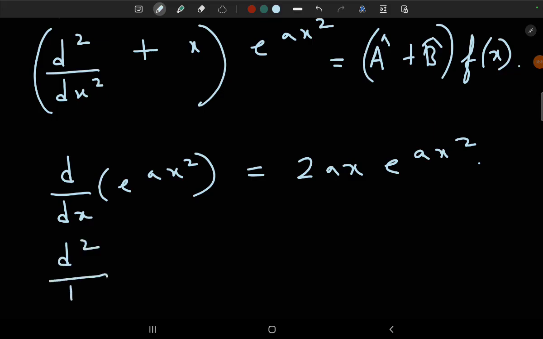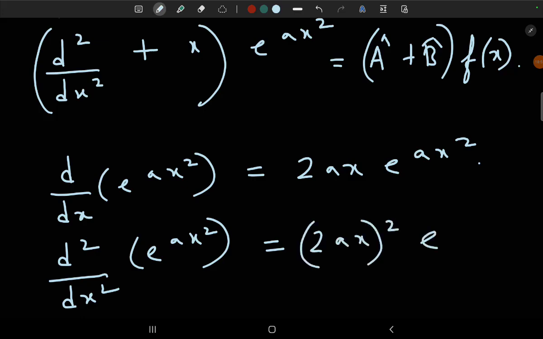Again, taking the derivative here, it will be important. So we need the double derivative operator acting on f of x. So this is 2ax multiplied with this, it's 2ax for the whole square, but it's ax.